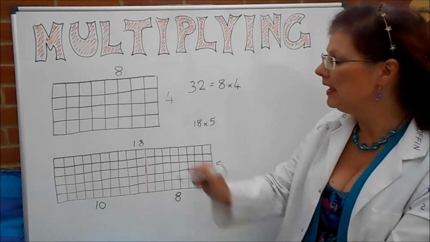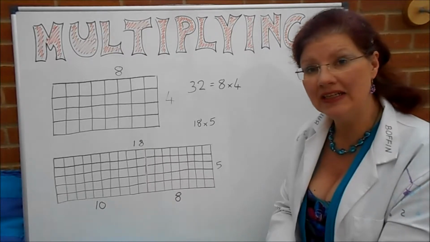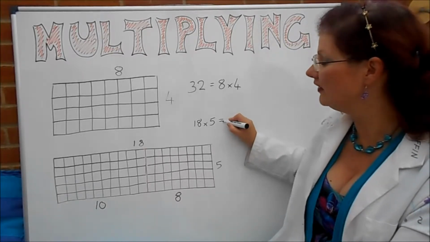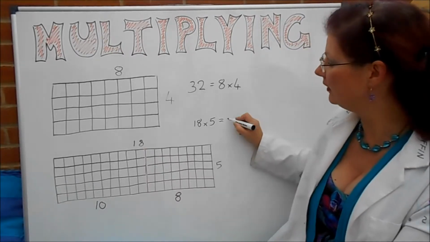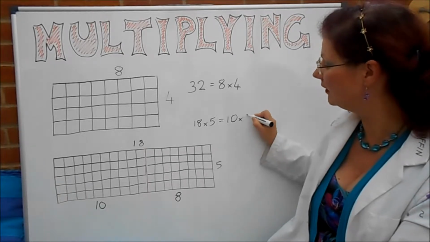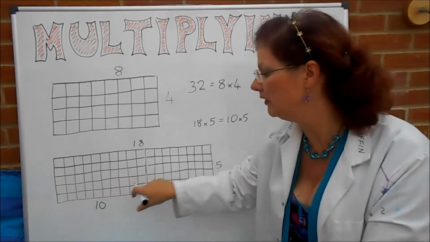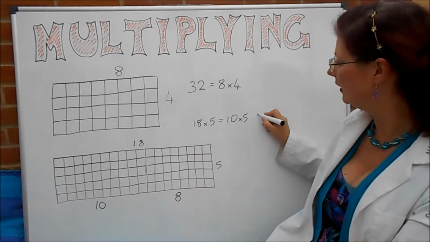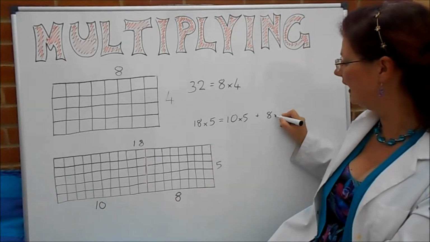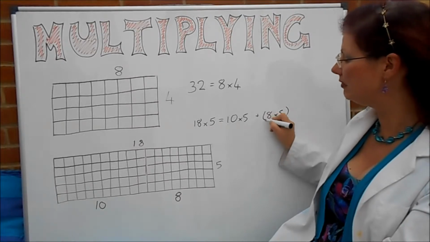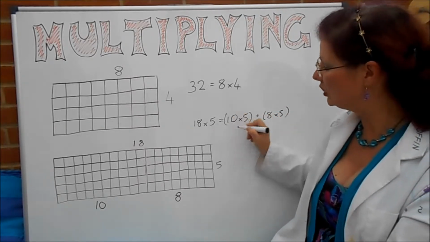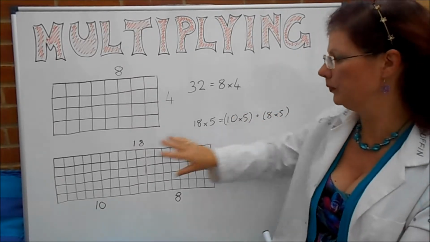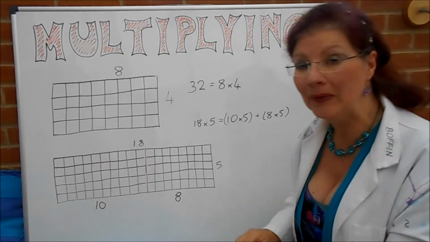So my big rectangle that's 18 times 5 is the same size as a 10 by 5 rectangle, that's that one over there, plus this one here, which is an 8 by 5. I'm going to put those in brackets just to make sure that we know that's one rectangle over there, and that's my other rectangle here.